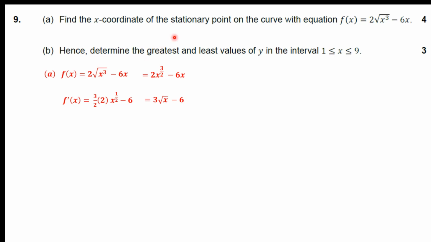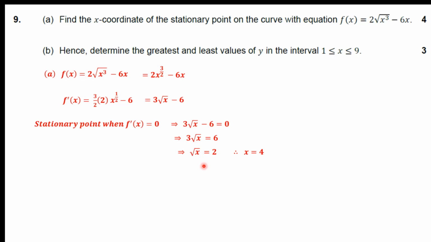Now, the stationary point is when f dashed of x equals 0. So this thing here has to equal 0. Take negative 6 across, divide by 3, you get root x is 2, so x equals 4.